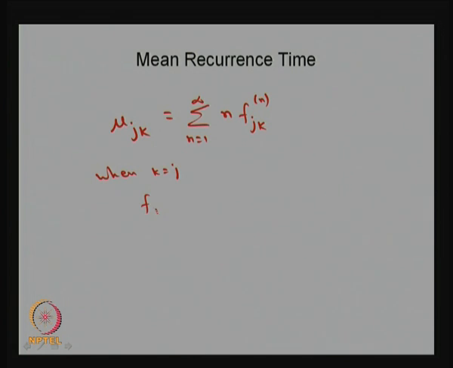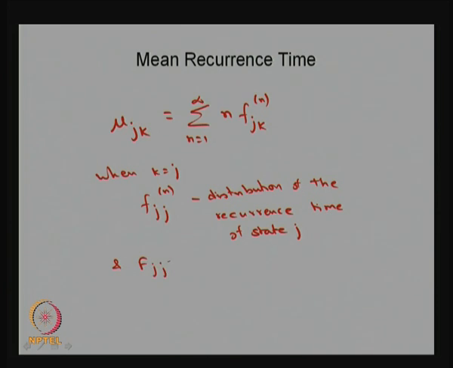So, f j j of n will give the distribution of the recurrence time of the state j, and if f j j equals 1, this f suffix j j n is going to be the distribution. Correspondingly f j j is 1.